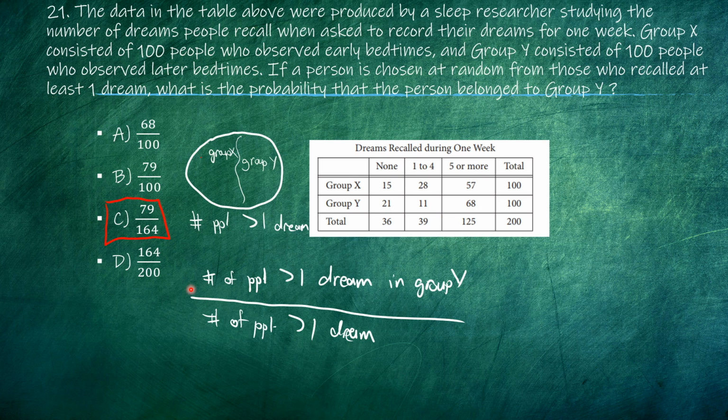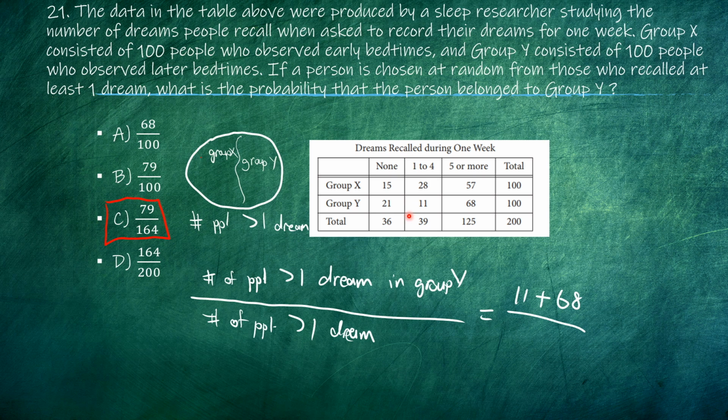So let's look at this. The number of people with at least one dream in Group Y is this box here. These people in Group Y have 1 to 4 dreams, plus these people here because they have 5 or more dreams. So we have 11 plus 68.